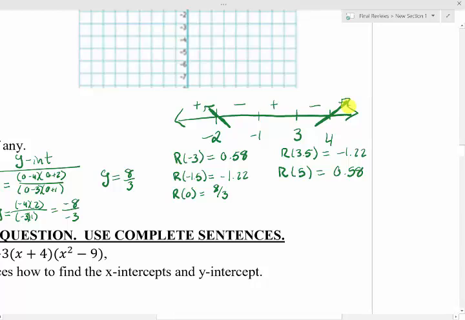Then at negative 1, we have our vertical asymptote. And at positive 3. Well, a negative on the left-hand side of negative 1 means that I have to get really close to that asymptote and then shoot down.